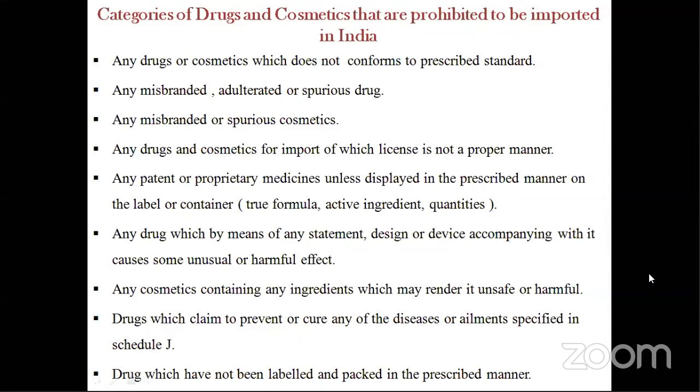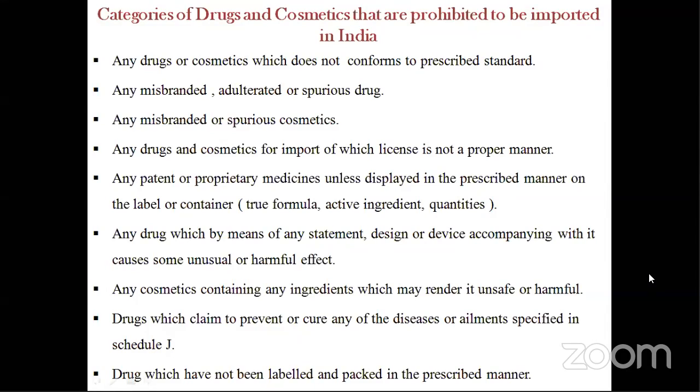So before import, you have to check the product. The custom collector and their assistants help you check whether the product is harmful or not. If it is harmful, it is directly rejected, a challan is issued against the exporter country, and it is sent back to the exporter country. A large penalty should be charged in this matter.